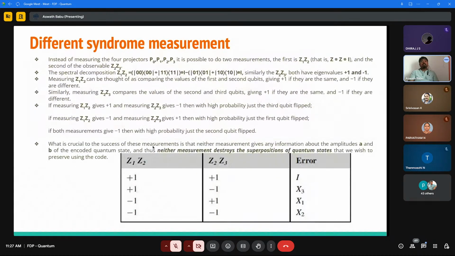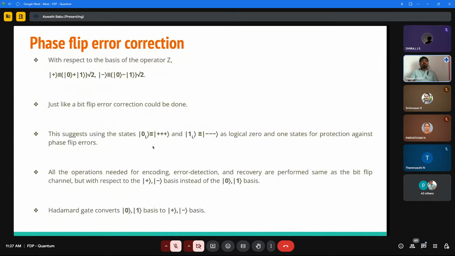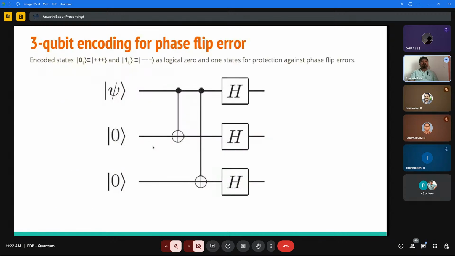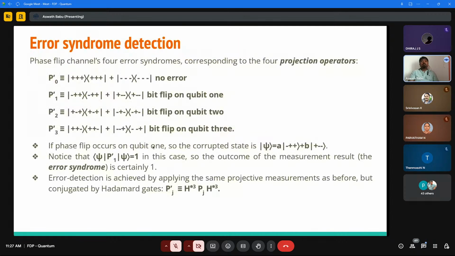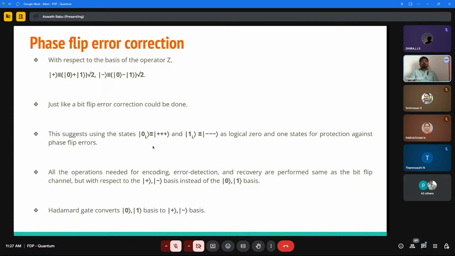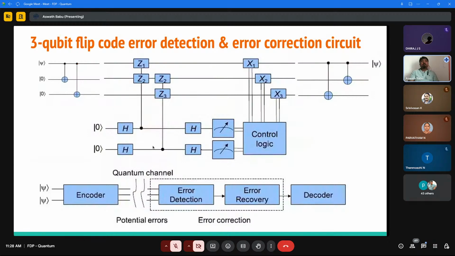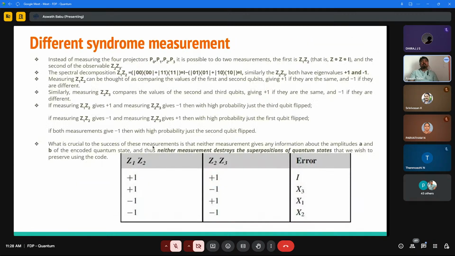Now, how do I do the error correction? Let me see whether I have that. Okay, phase flip error diagnosis.